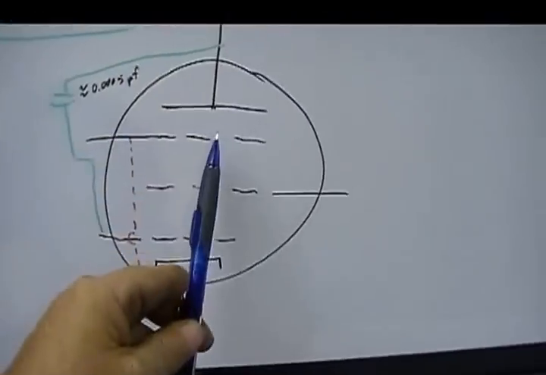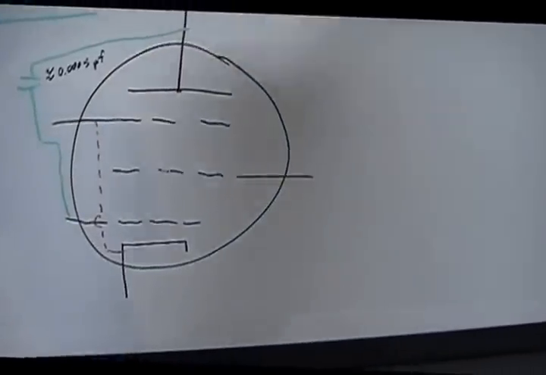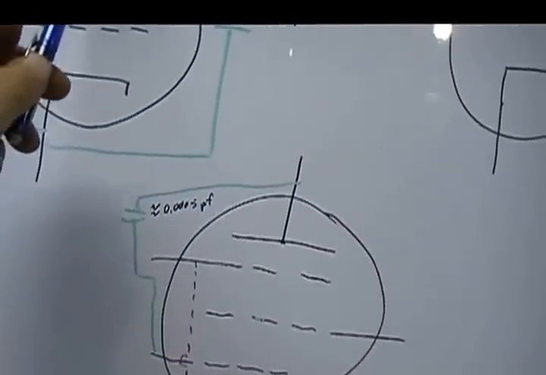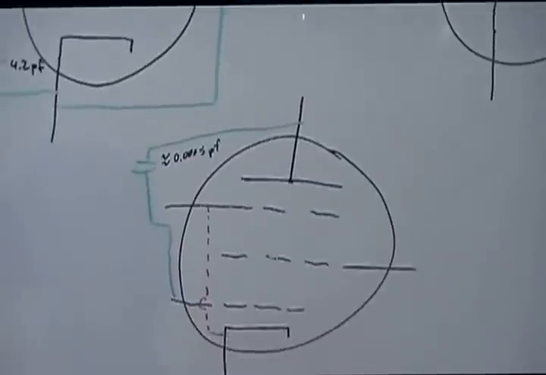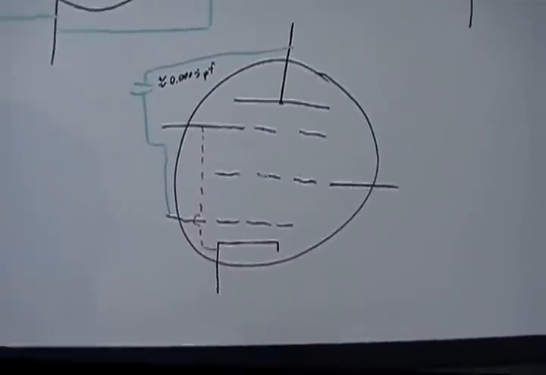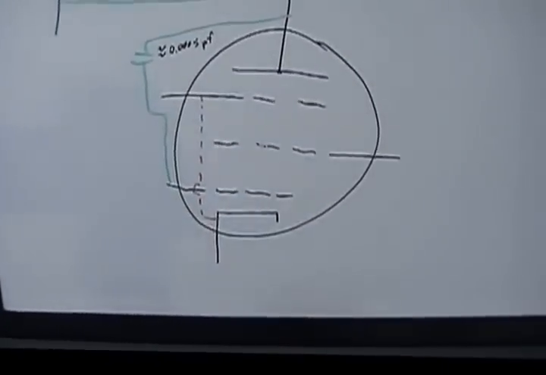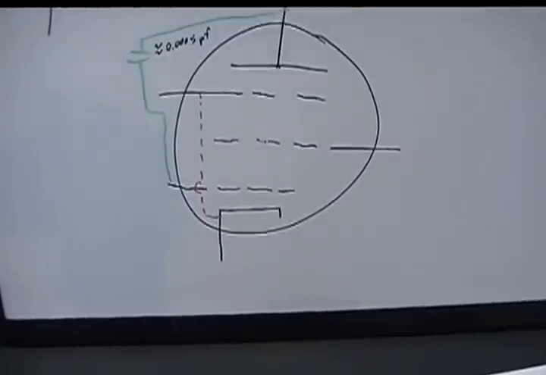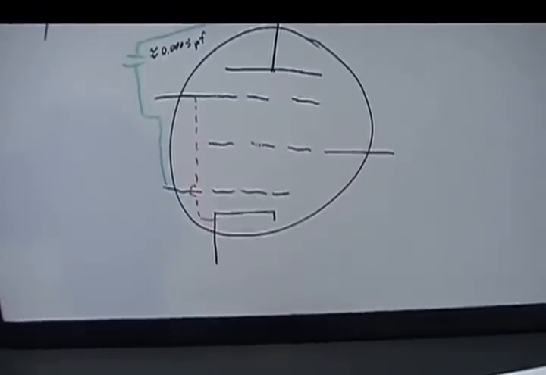The plate resistance on these guys is quite a bit higher than the triode, but at the same token the transconductance is less. Remember from before that mu equals transconductance times the plate resistance.